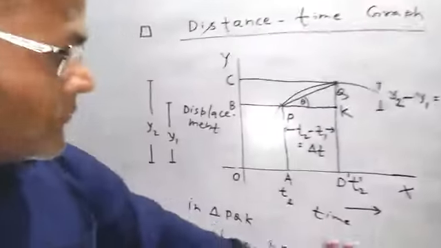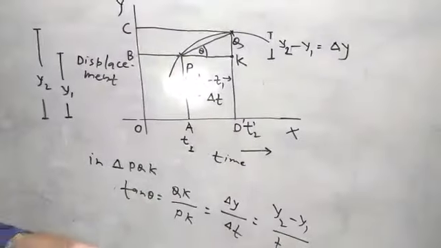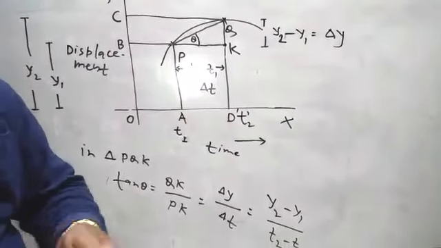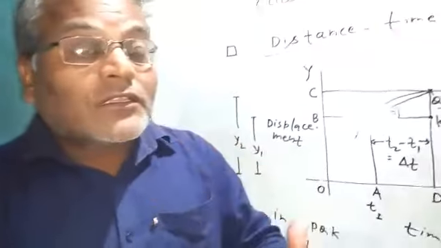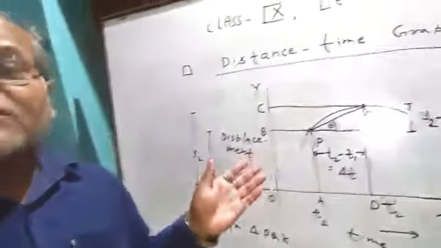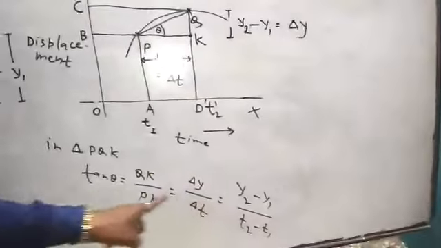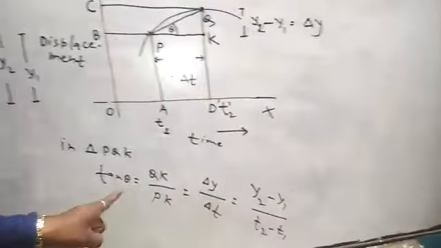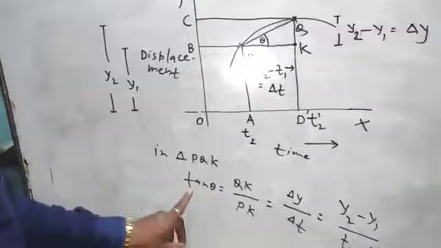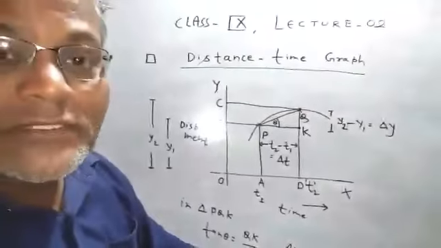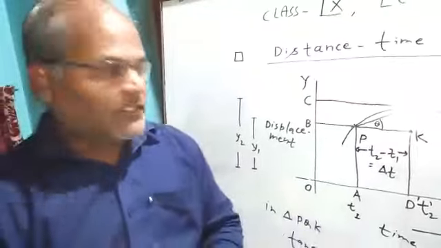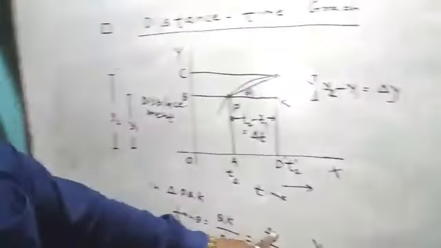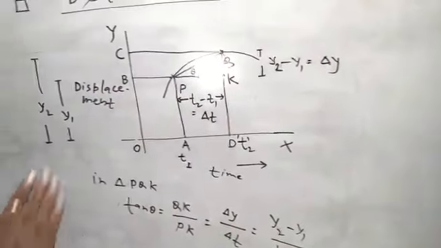Later on, we will proceed to various competitive exams and the procedure to solve numericals related to the position time graph. Just carry on with tan theta as y2 minus y1 upon t2 minus t1, because the rate of change of displacement is called velocity. So in the displacement time graph, tan theta always represents velocity.